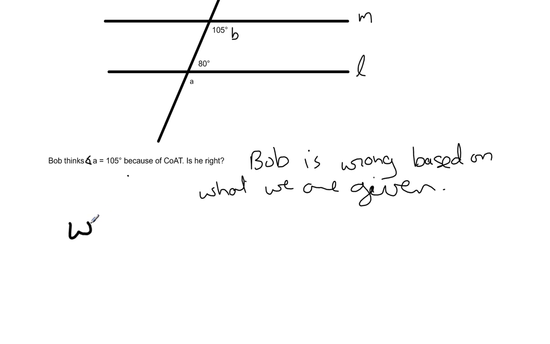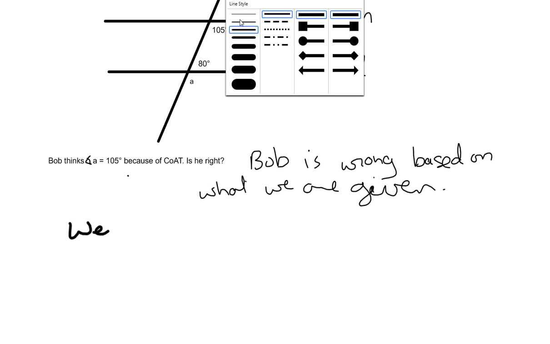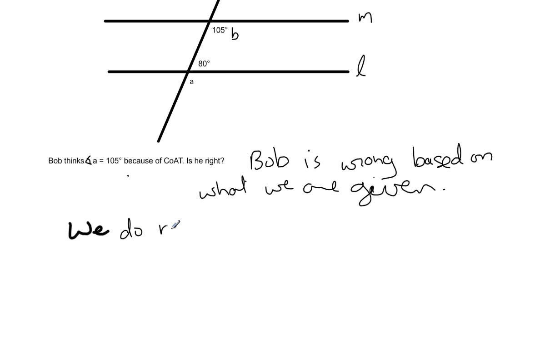So again, we change the line style. I don't know why it always does that. We do not know that M is parallel to L. All right, we don't know that.